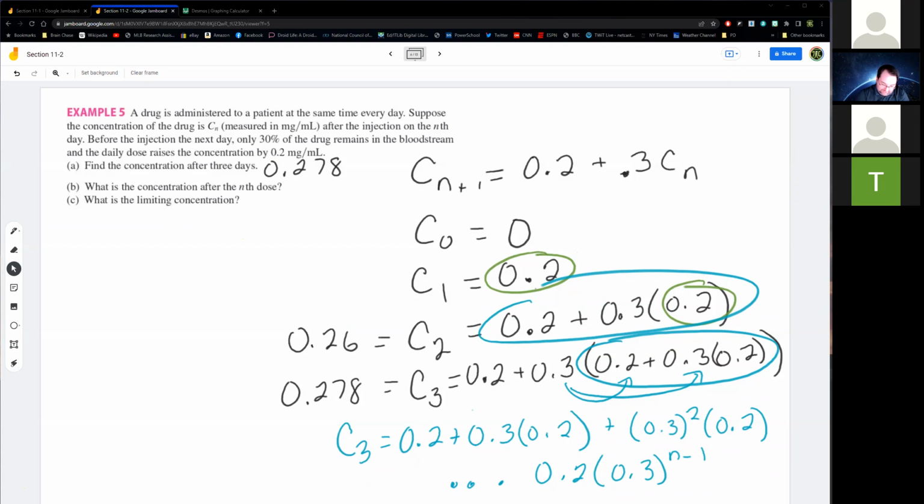So my geometric sequence or series. So n equals 1 to infinity, 0.2 and 0.3 to the n minus 1 power. All right, so does this converge?